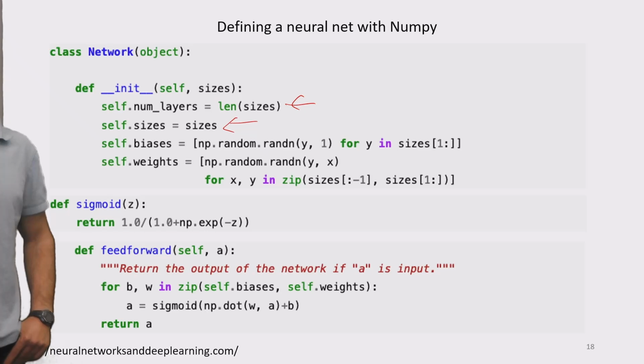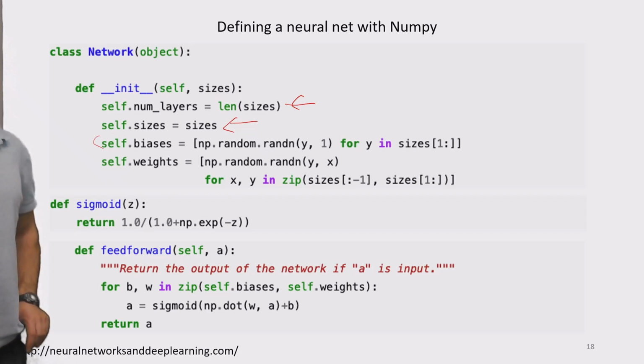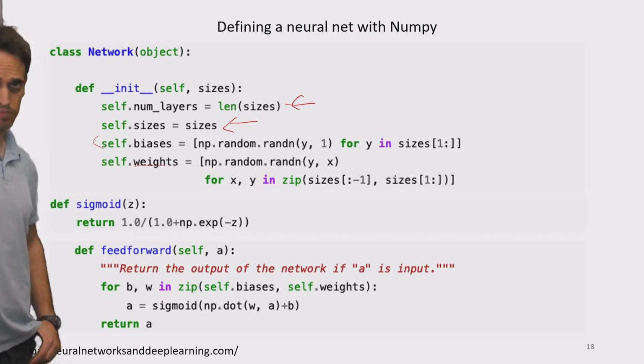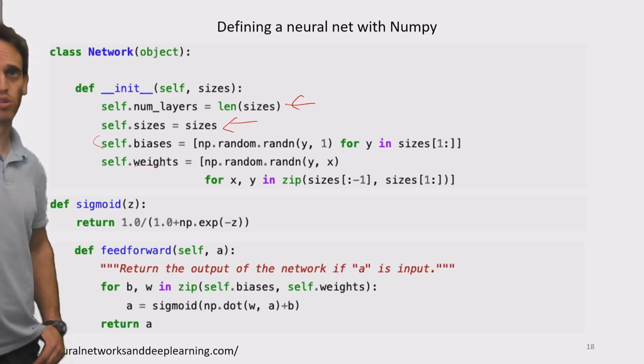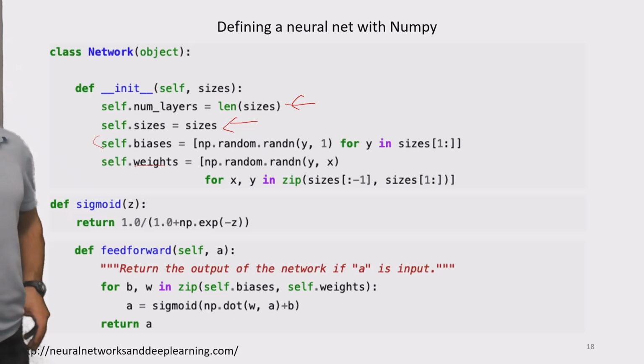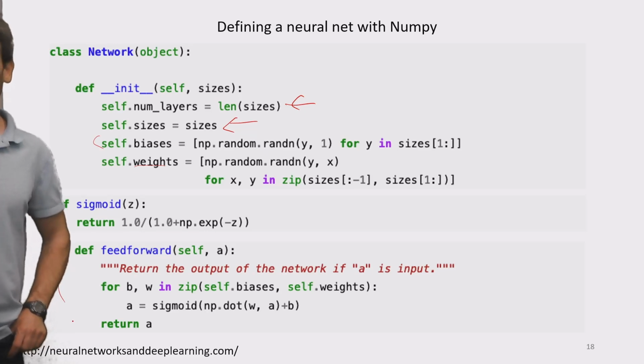We take a matrix, right? For each layer we have a vector of biases. And then we have a tensor field of weight matrices, one weight matrix between every two layers. Okay, then we have to define the sigmoid activation function, and now we can define the forward pass through the network.